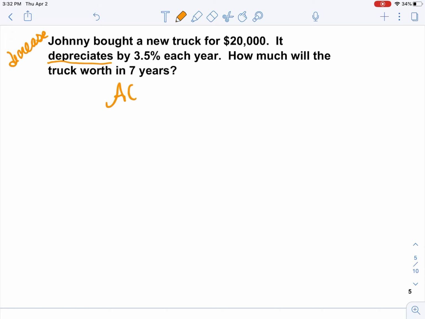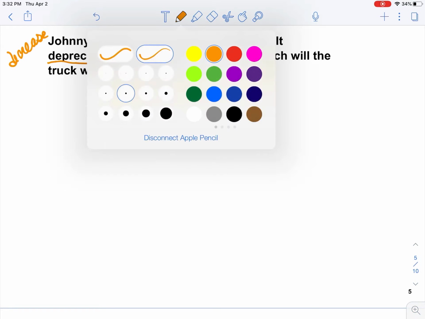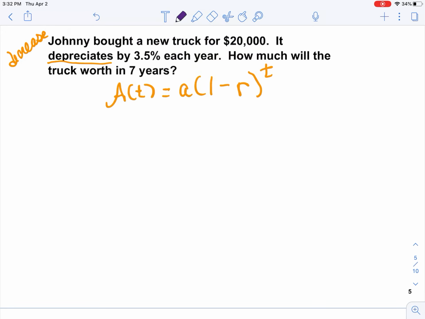So my equation is going to be a sub t equals a times 1. This time, since it's decreasing, we're going to subtract that r to the t. So now let's figure out what everything stands for. This right here is going to be my initial value.